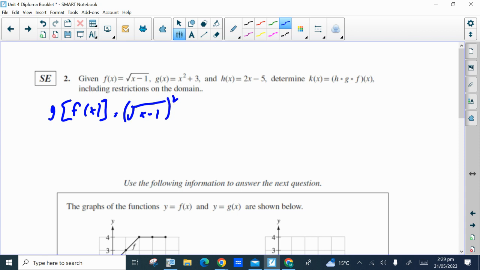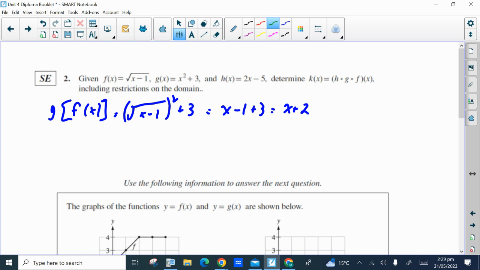Because the x is squared in g, the root of x minus 1 is squared in g as well. And then g has that plus 3 on the end. When you square a square root, they cancel. You'll get x minus 1 plus 3, which is x plus 2. So that's what g at f at x is.